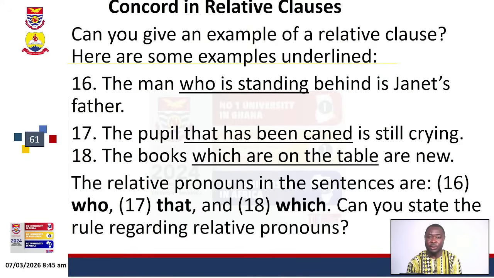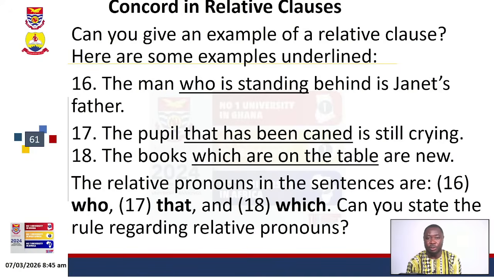The relative pronouns in the sentences 16, who, that, which are what must dictate the number or the type of verb to choose. But can you state the rule regarding these pronouns? Who, that, which? Because you cannot tell whether which is singular or plural. That singular or plural.